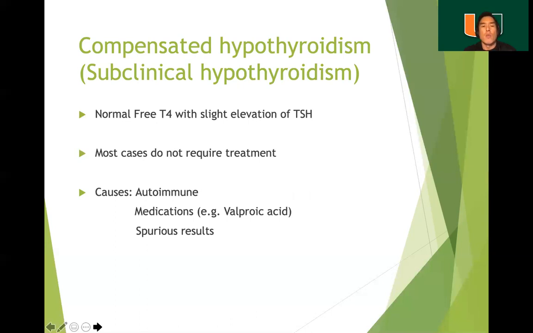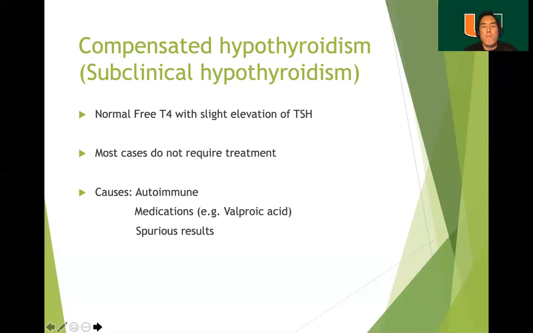That's why it's called subclinical hypothyroidism, because you can still maintain a normal free T4 level. Most cases do not require any treatment. So what are the causes? Autoimmune: they can have Hashimoto thyroiditis but not a low T4 level yet. You just find an elevation of TSH.